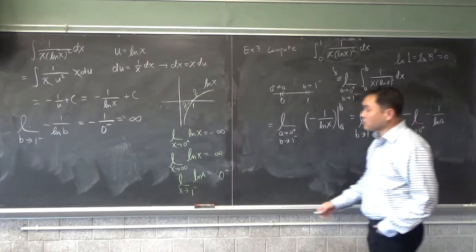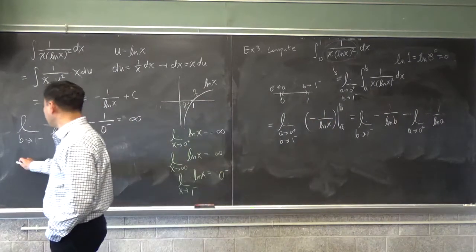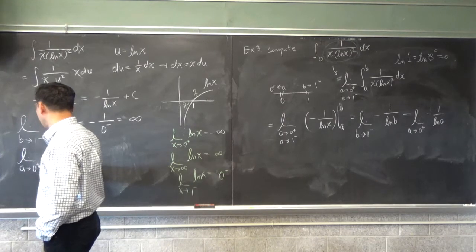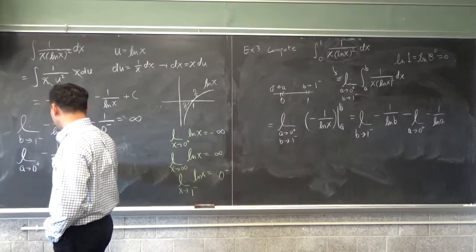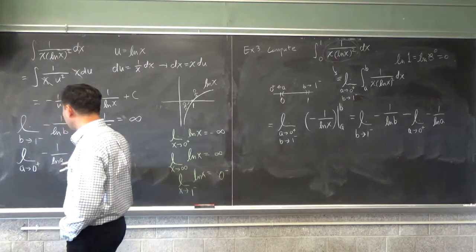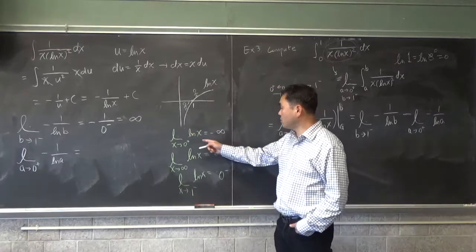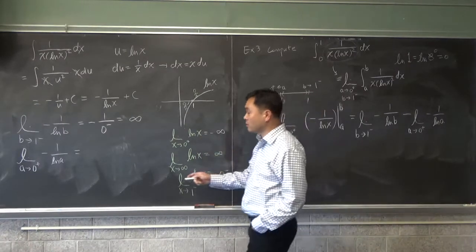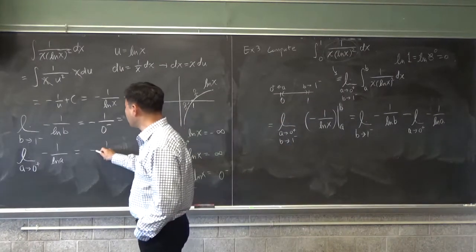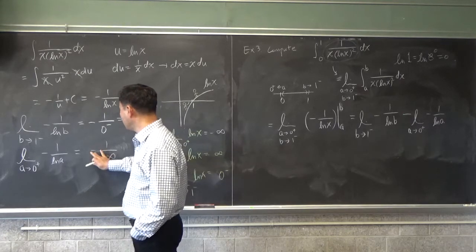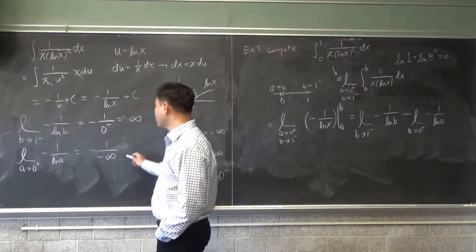How about this other part? Limit of a going to 0 plus of negative 1 over ln of a. Well, we just did that. What's that limit in the bottom? So this will be negative 1 over negative infinity, right? What's that? 0.